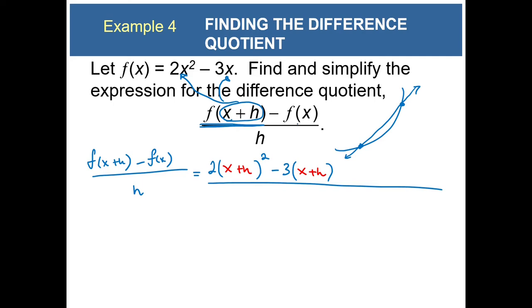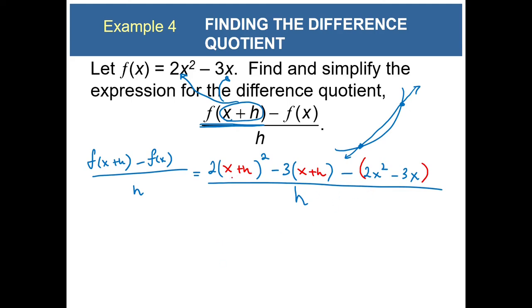We will now need to subtract f of x, and f of x is the entire function 2x squared minus 3x. So we're going to subtract 2x squared minus 3x. Don't forget to put parentheses around f of x so we can distribute the negative throughout the right side. And finally, the equation requires us to divide by h, so we have the h on the bottom.